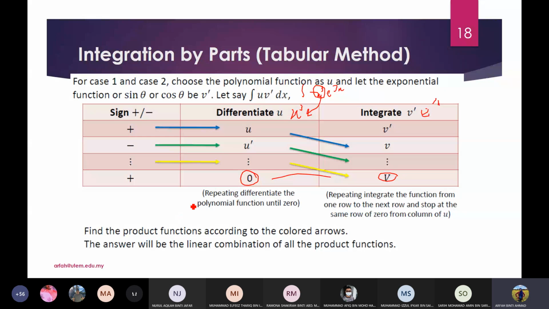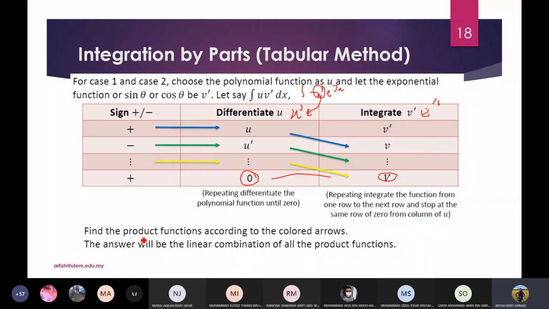So dia punya case, and then repeating the integrate the function from one row to the next row and stop at the same row of 0 from column of u. In here, you get the differentiation of u up until 0. Then you stop the integration on the same row as you do the integration for v prime.